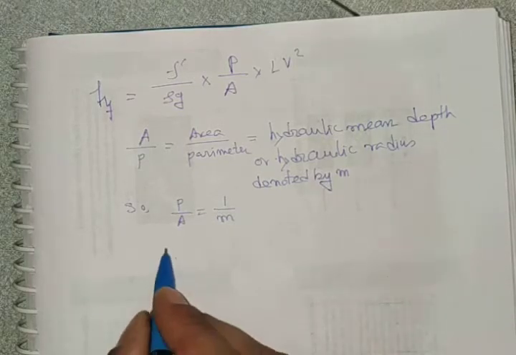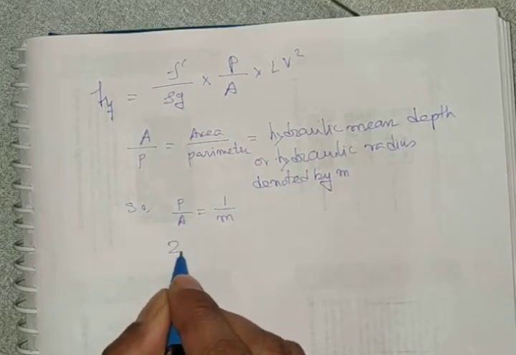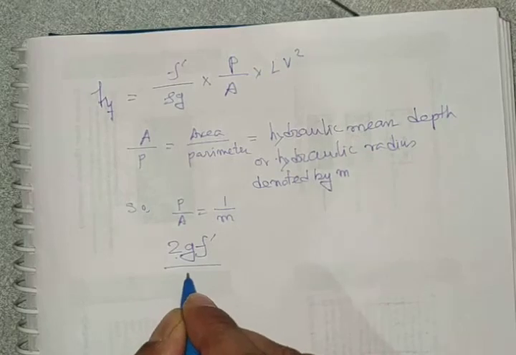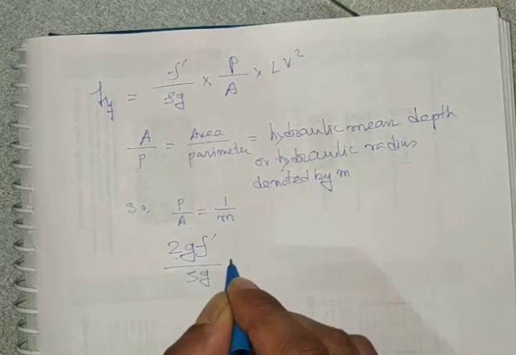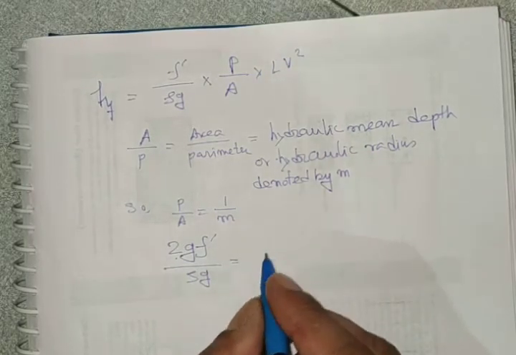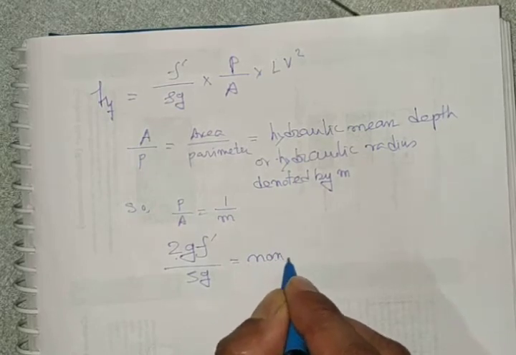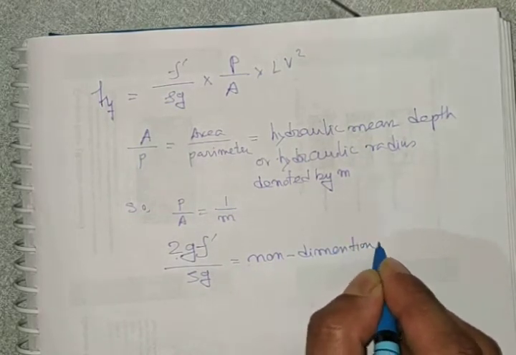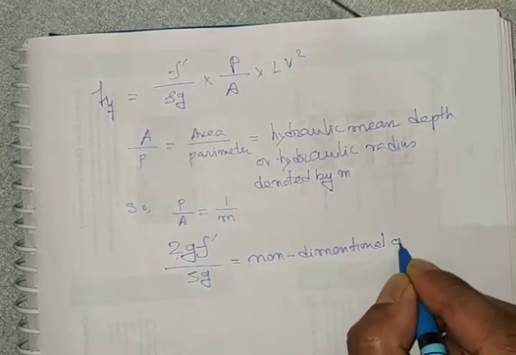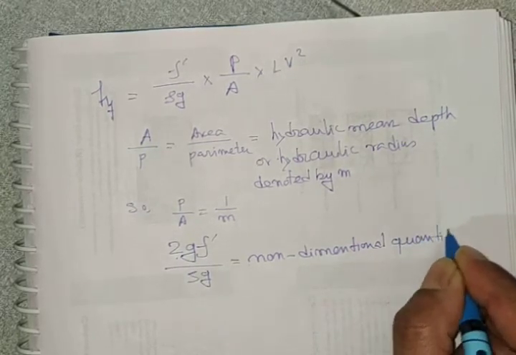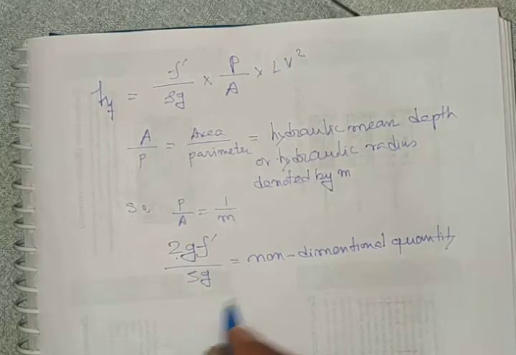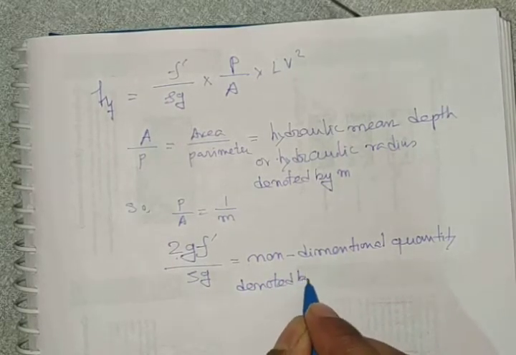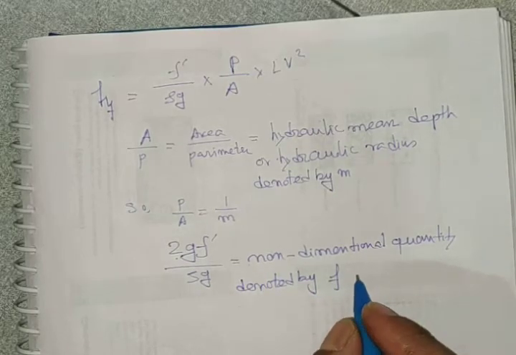And F dash divided by rho g is a non-dimensional quantity which is denoted by f.